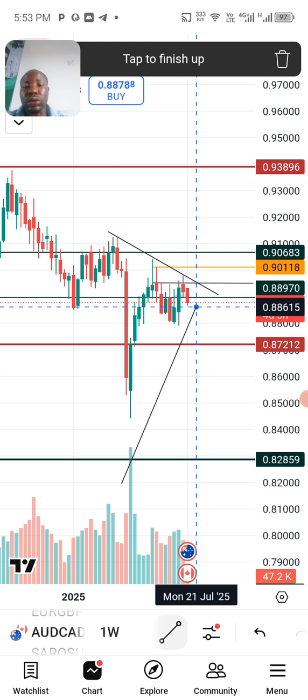So when you go to the daily, you can start putting your key levels, your trend lines, your Fibonacci and every other tool you want to add to your chart to make it a very strong area. You mark the daily and 4 hours, then you trade in the direction of the monthly.